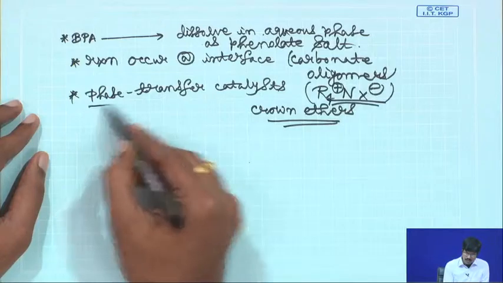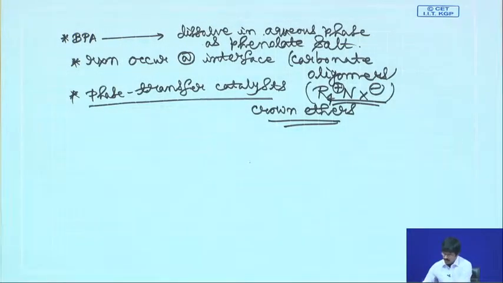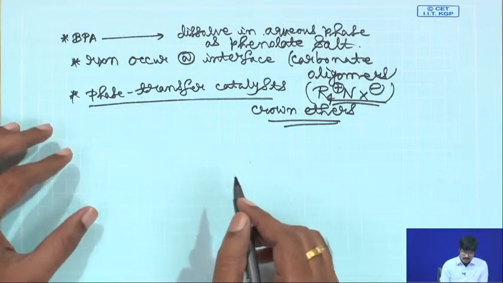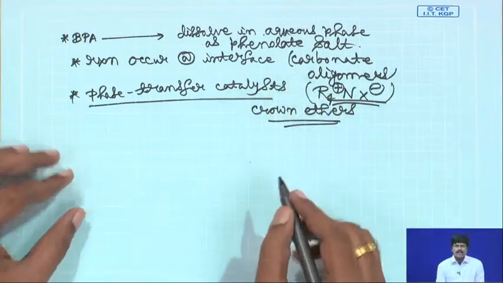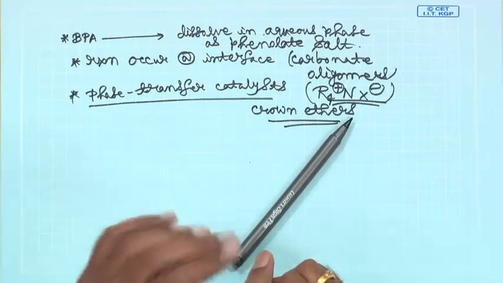The reason why you will use these phase transfer catalysts is because these catalysts will enhance the transfer of the phenolate salt across the interface into the organic layer. So, the reaction may not occur exactly at the interface, it will occur either slightly towards the organic side or slightly towards the aqueous side. In this case, it will occur slightly towards the organic side.